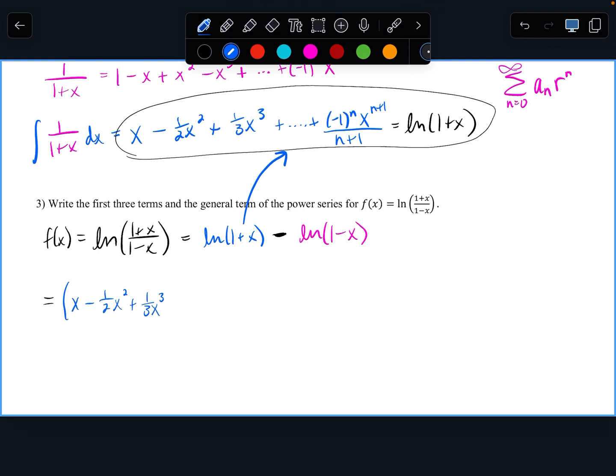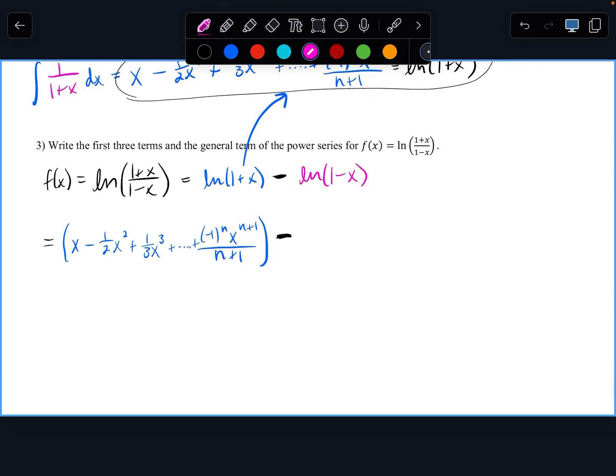So this is from the other problem. I'm just rewriting the stuff we wrote down. And then we're going to have to subtract that guy, which I don't know what that is yet.